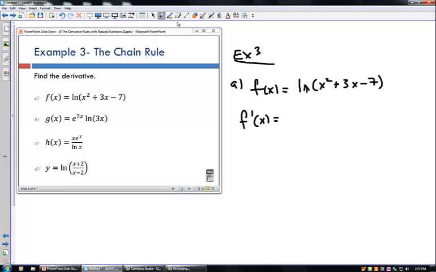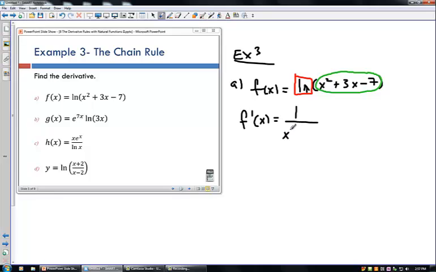And so notice first we have an inside and an outside function. So here's our inside function, and then our outside function is the ln function. And we're going to use the chain rule. The chain rule says derivative of the outside, so the derivative of ln is 1 over.